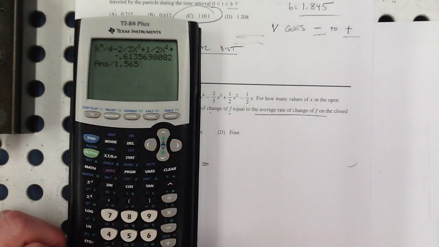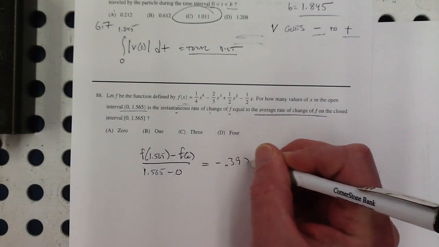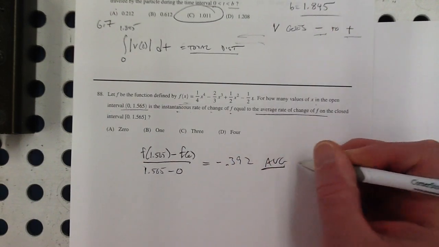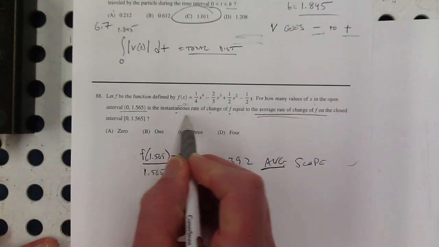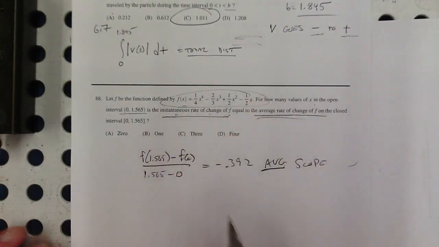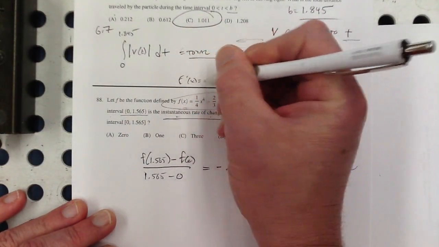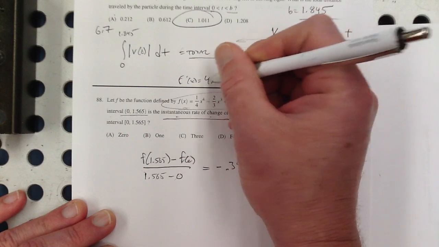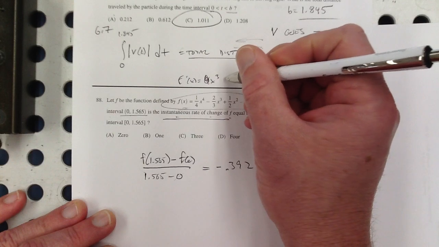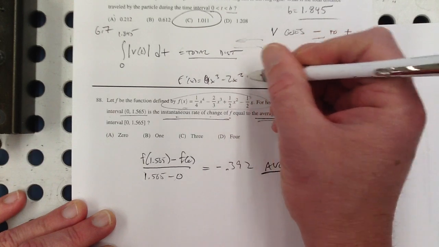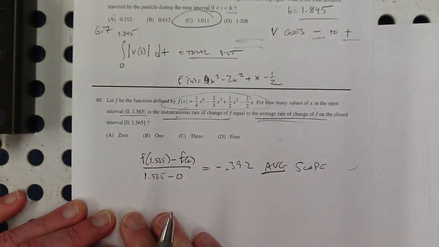Could have just put an x there also. So that gives me negative 0.392. This is my average slope, or average rate of change. The instantaneous rate of change is the slope of this. Well, slope of that's the derivative. That looks easy enough to just find by hand. 4 times 1/4 is 1, minus 2x squared plus x minus 1/2. All right, that would be the derivative of that.